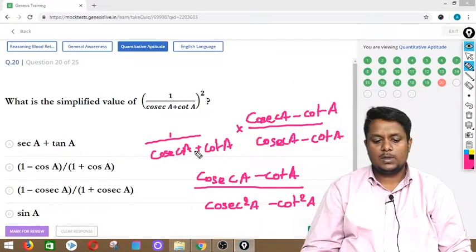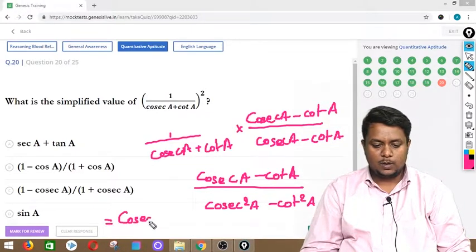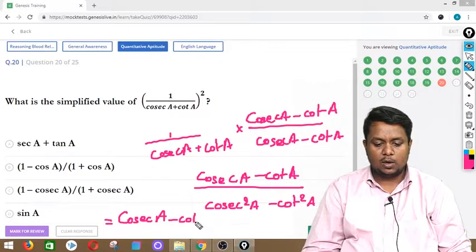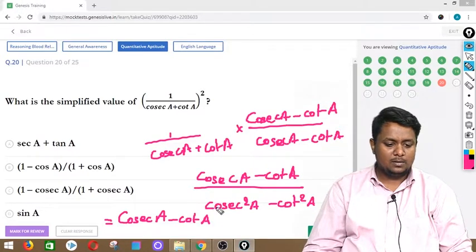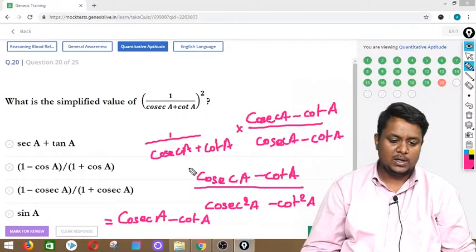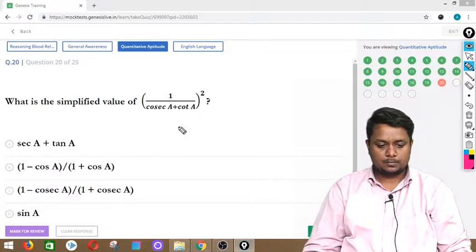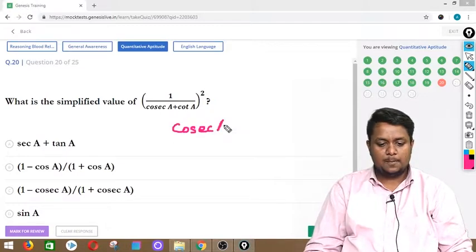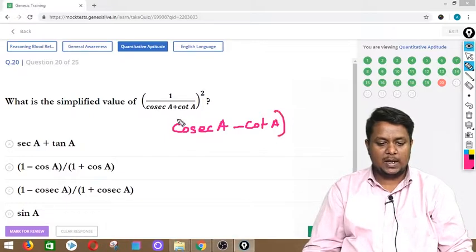So this is further simplified as cosecant A minus cot A. Now, no option is written in this particular manner, which means we have to further simplify. The last thing that we have got is cosecant A minus cot A. So that was inside the bracket, so we have to make the square now.